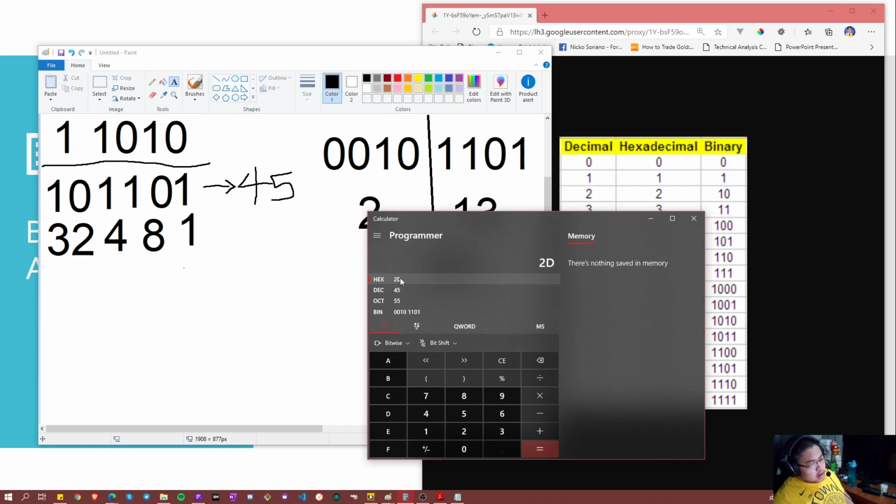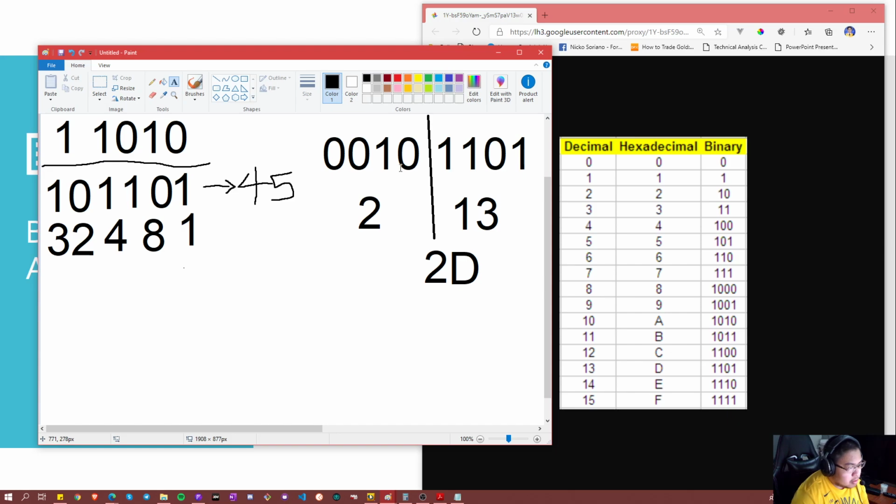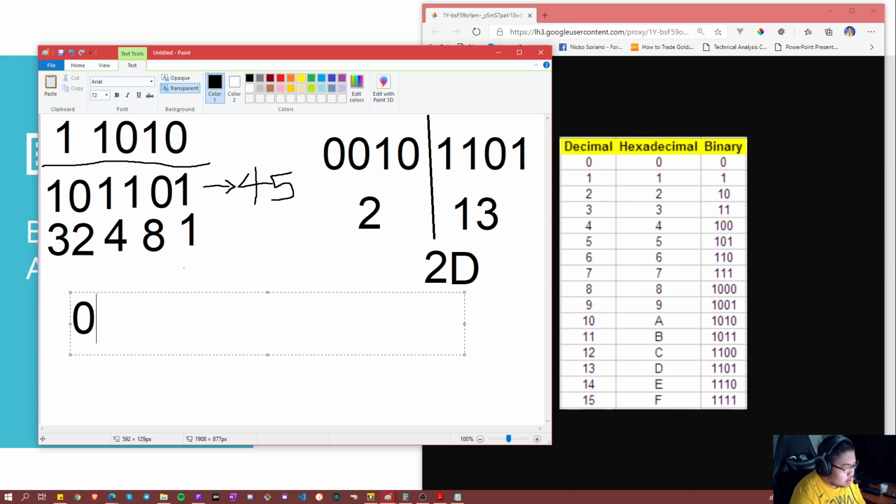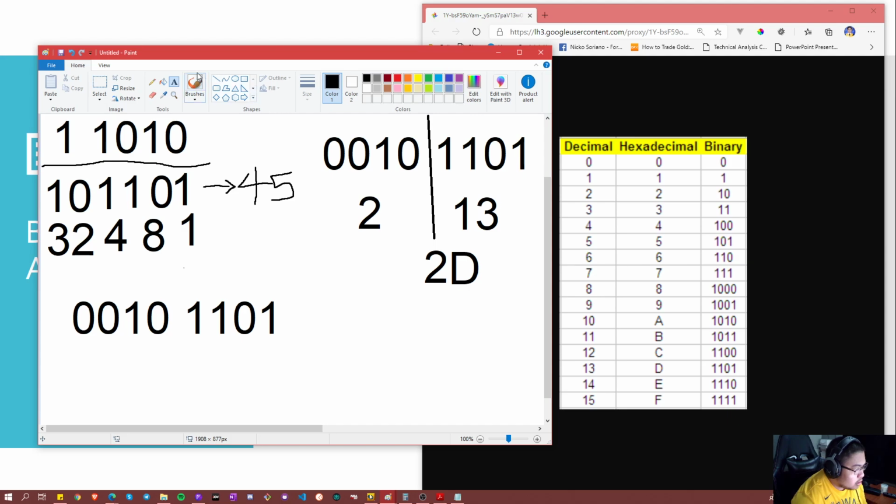Now again, how do we convert it to octal? We need to get the answer 55. It's similar to how we converted it to hexadecimal. It's 00 10 11 01, but this time we need to divide them into 3 bits.